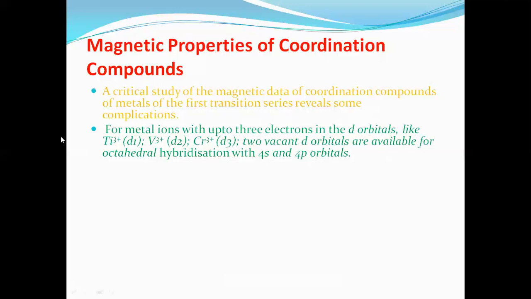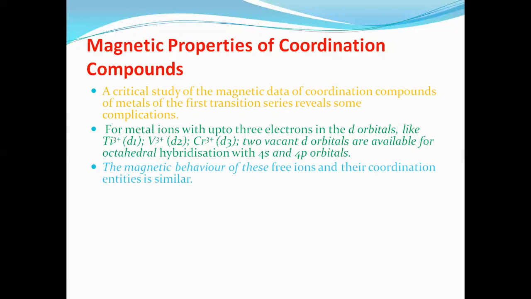No doubt, if the central metal atom has the configuration of 3d1, 3d2, 3d3, that means 1, 2, 3 electrons respectively in the d orbitals, that is always paramagnetic with respect to 1, 2, 3 electrons respectively.